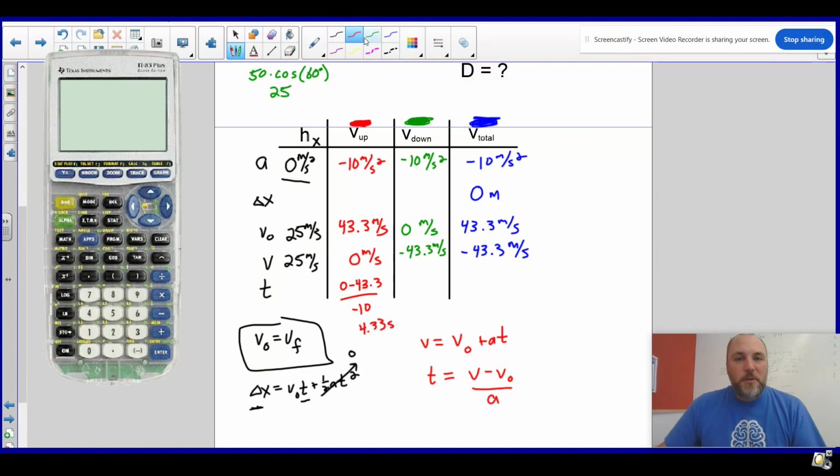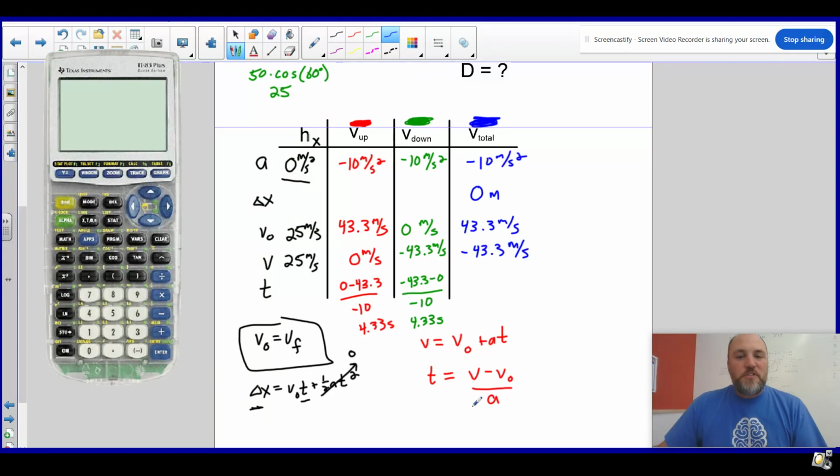Okay? Similarly, if I did the same thing for the downward trajectory, I would do final velocity minus initial divided by acceleration, and you get 4.33 seconds. So at this point, I know that the total flight time is going to be 4.33 plus 4.33. Let's just confirm that with our total vertical path.